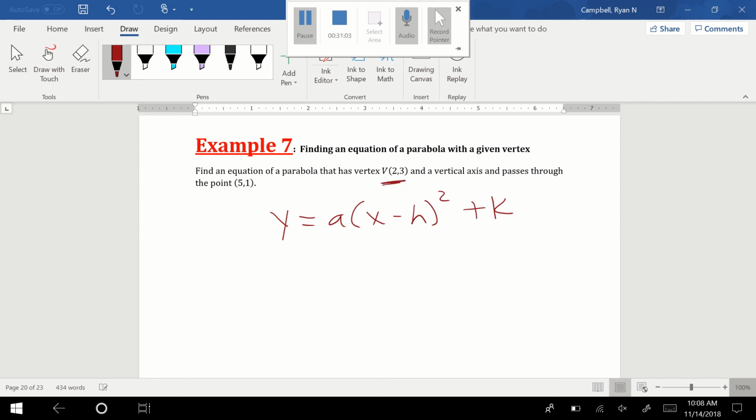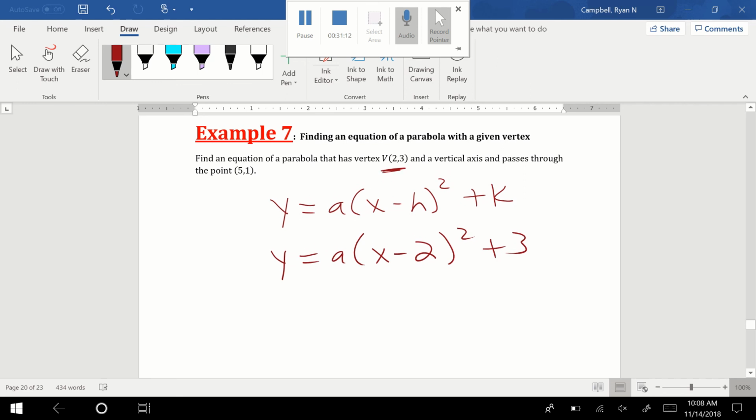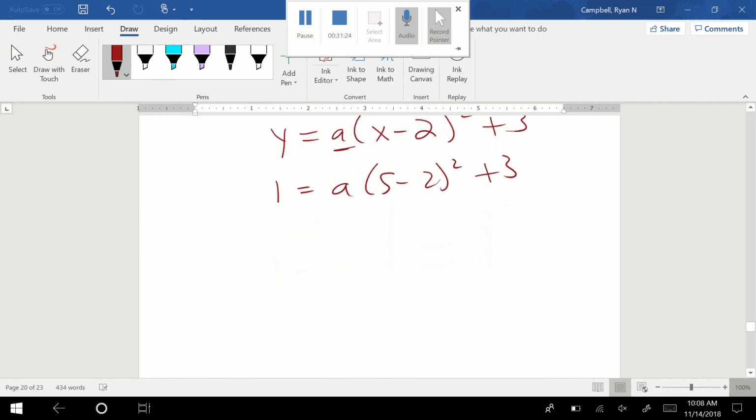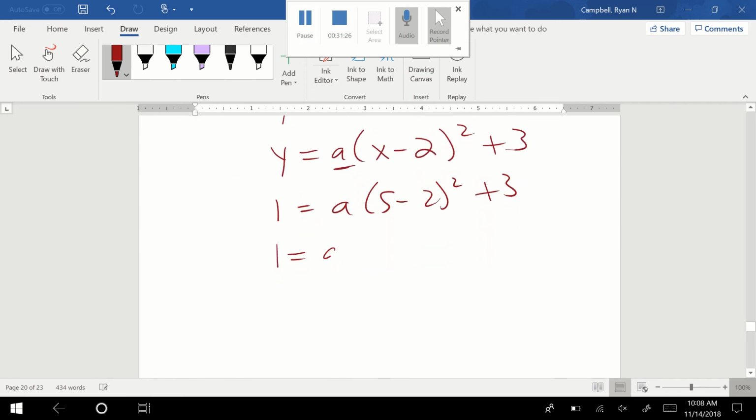So our vertex is 2, 3. We can just plug that in: y equals a times x minus 2 squared plus 3. All I have to do is find a, and then we're done. If we have a point, 5, 1, we can just plug that in. So 1 equals a times 5 minus 2 squared plus 3. So 5 minus 2 is 3, and 3 squared is 9.